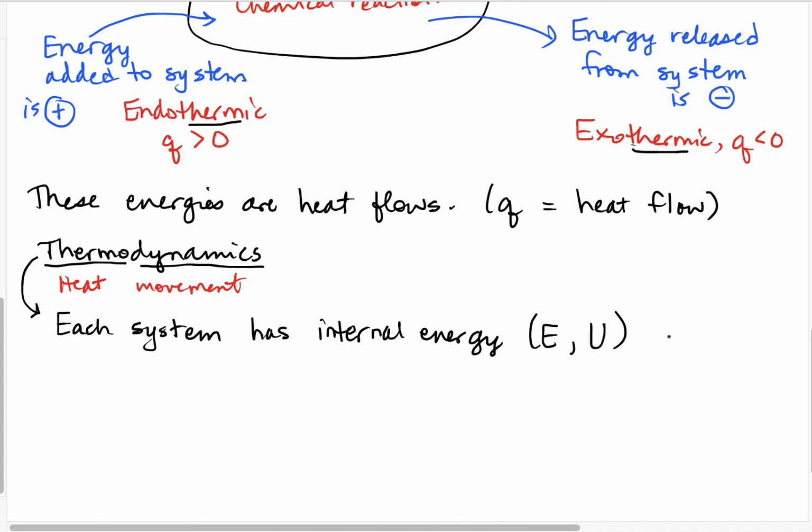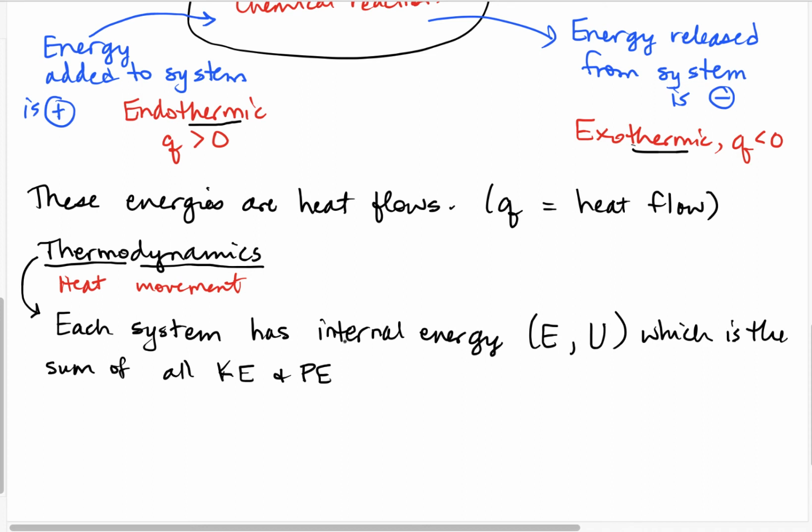So if you see either one of those, they mean internal energy. And each system has an internal energy, which is the sum of all the kinetic energy and the potential energy terms that are associated with it. So all the particles that are moving, everything that's happening, all the attractions, all the repulsions, everything, that all adds up to its internal energy.